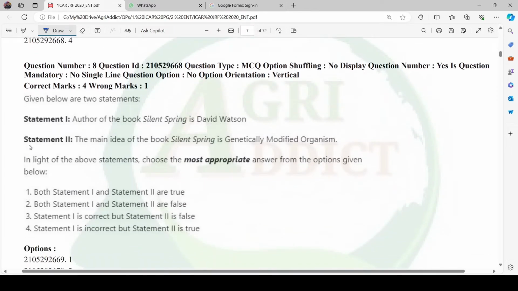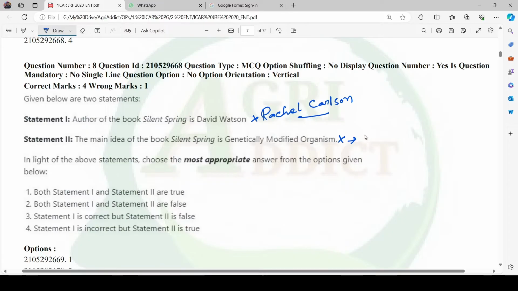Next question number 8. Statement 1, the author of the book Silent Spring is David Watson. Never. Mrs. Rachel Carson. And statement 2, the main idea of the book Silent Spring is genetically modified organisms. Never.